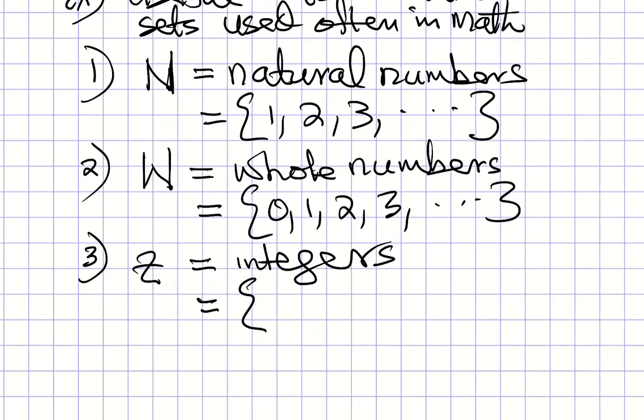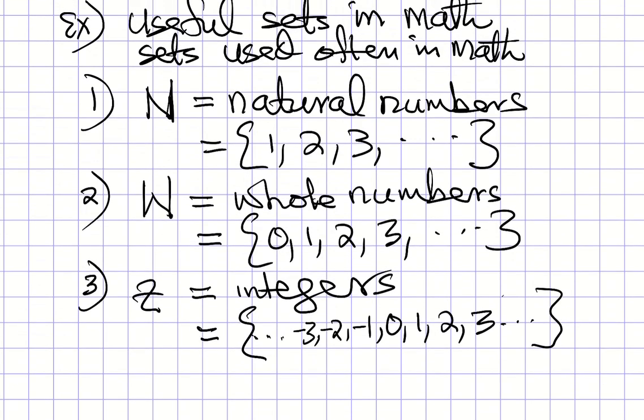Again, it's everything above, but you introduce the negative sign. So, watch this. It says 0, 1, 2, 3, dot dot dot to infinity, but you introduce the negative numbers: -1, -2, -3, to infinity. You keep going to infinity. So basically that's the set of integers, right?